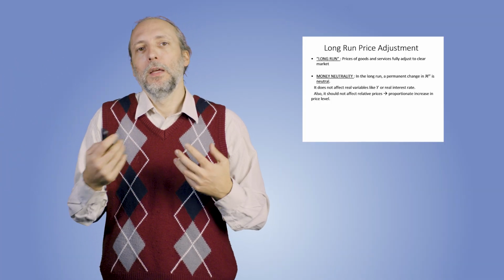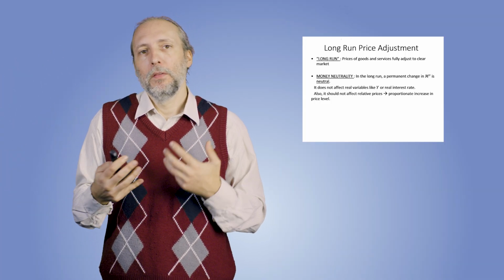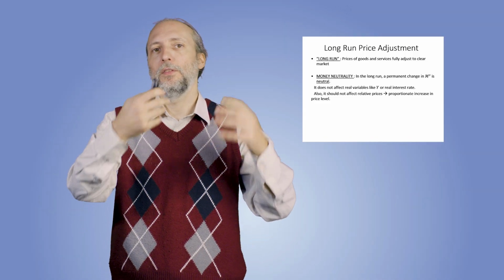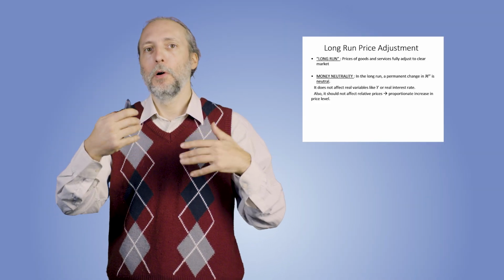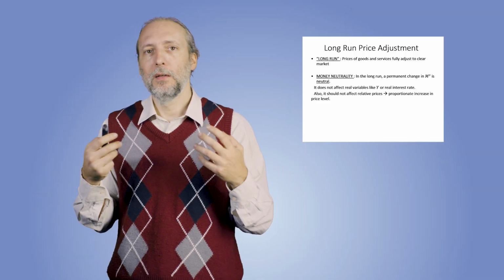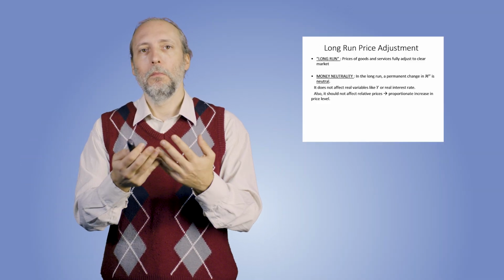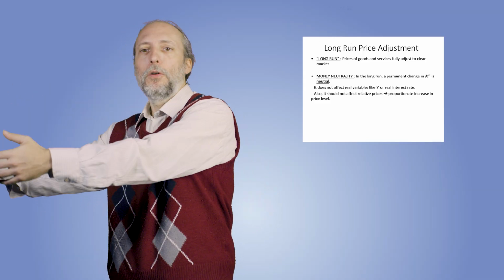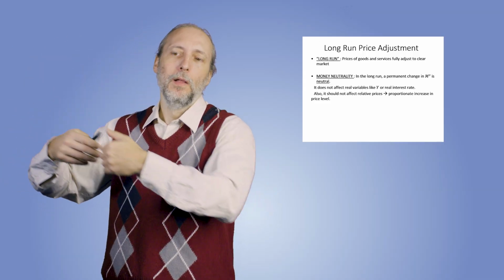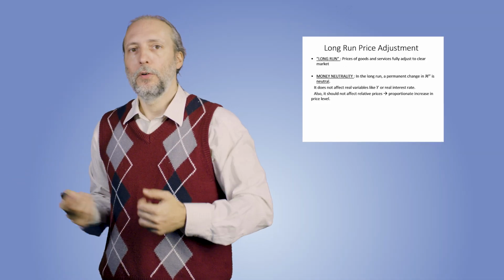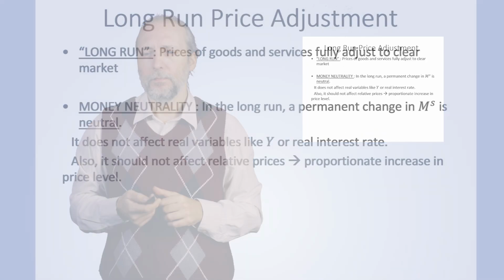So that's the more modern view, that money is not neutral in the short run, and that's why the central bank can do monetary policy, but you cannot create goods and services out of thin air by just printing more pieces of paper in the long run. So money is neutral in the long run. Dumping more money in the economy, all it's going to do is create inflation.